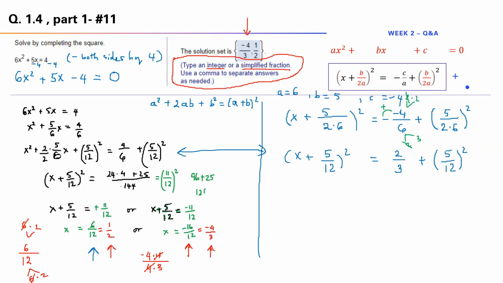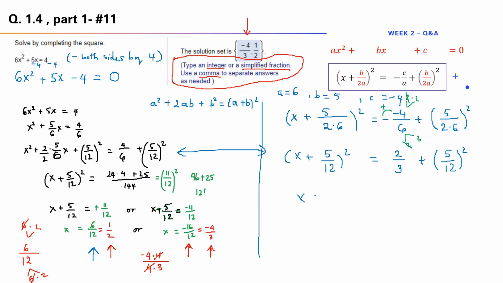So that's why in the answer box, we fill in negative 4 over 3, comma, because it said use a comma to separate the answers if needed. Okay, if you want to continue, we will continue with this one.